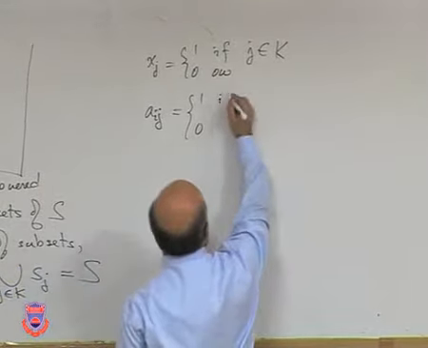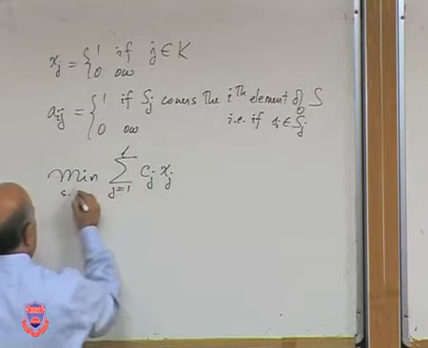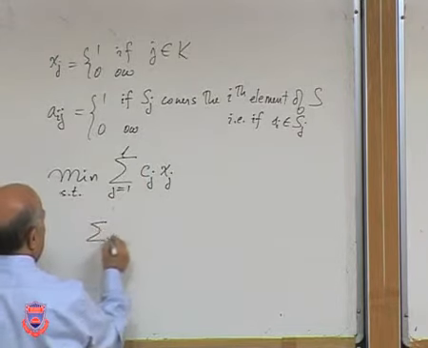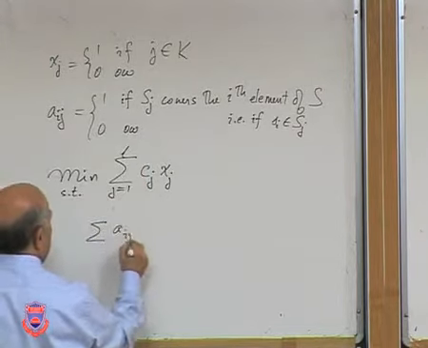Nevertheless, you're trying to minimize the sum of cj xj, j going from 1 to L, subject to summation aij xj greater or equal to 1, j going from 1 to L, and this is for each i from 1 up to T.